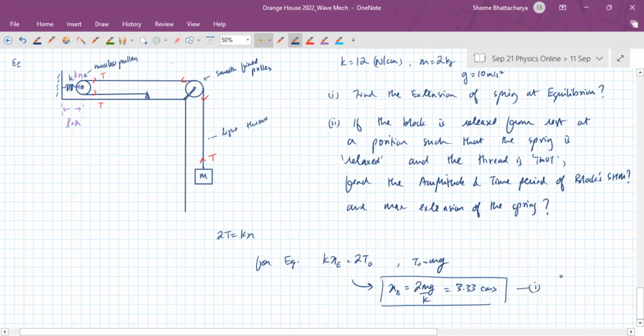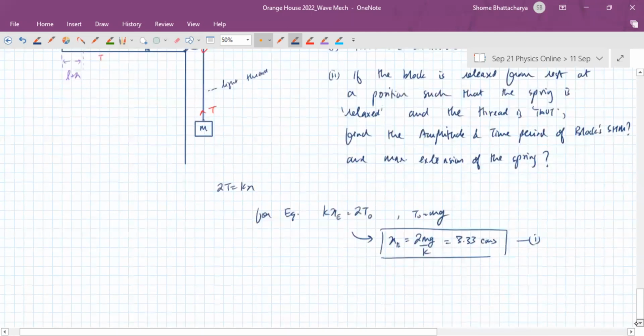This is the answer to the first part. Okay. Now the block is released from rest from the initial position where the spring is in relaxed state.